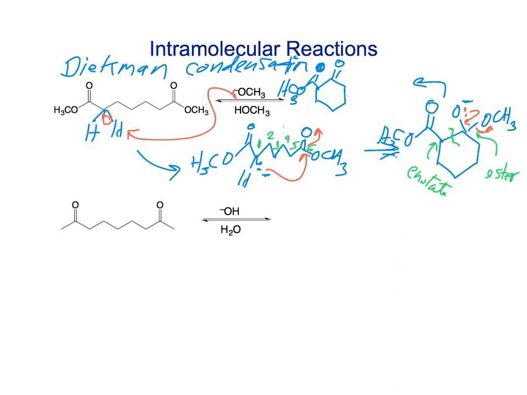All right, so we could either deprotonate, let's just go ahead and draw these. We could deprotonate at this position, the methyl, or we could deprotonate at this position. Okay, so let's see what we would get if we did a cyclization from each of those positions.